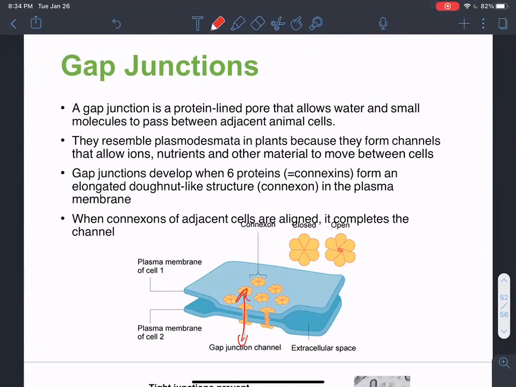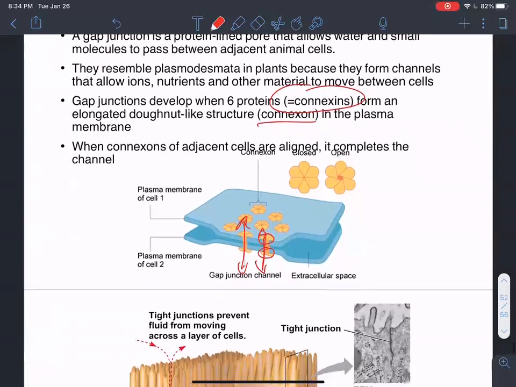Gap junctions develop when six proteins, we call them connexins, form an elongated donut-like structure, a connexon, in the plasma membrane. When connexons of adjacent cells are aligned, that completes the channel. One forms on the top, one forms on the other cell, and when they line up, it allows ions, nutrients, and that kind of thing to pass through the animal cells.